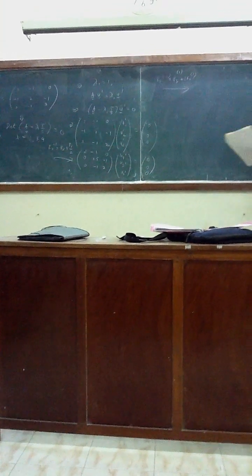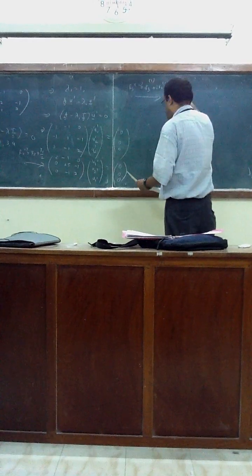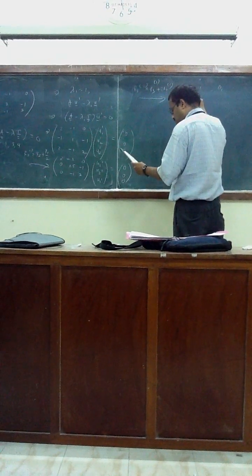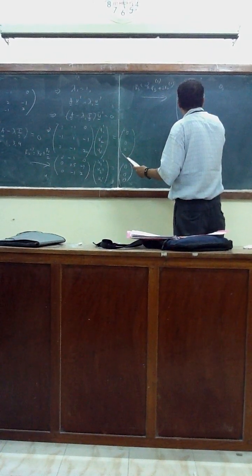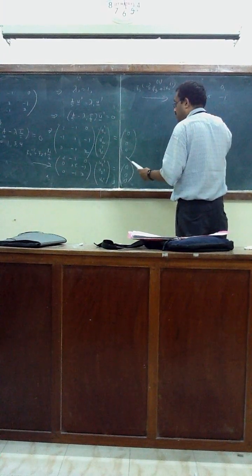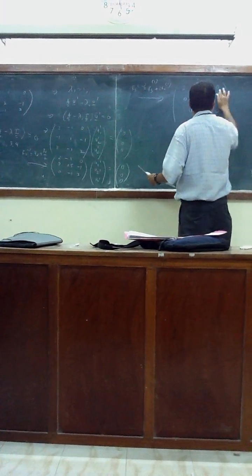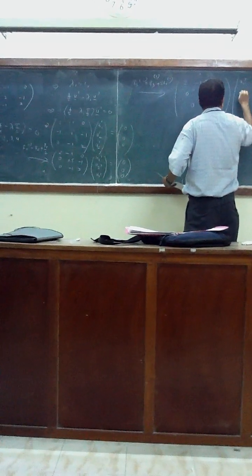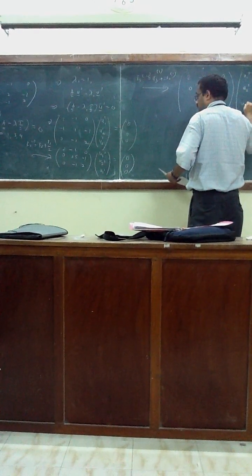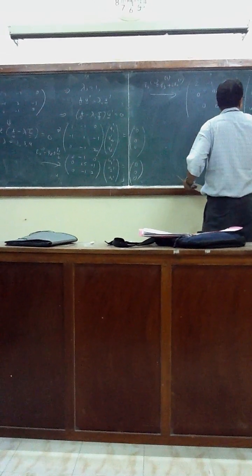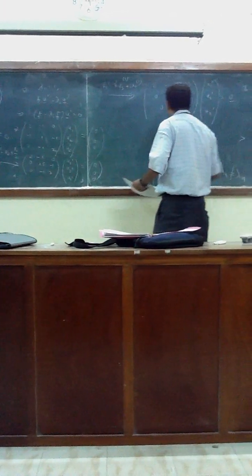Please don't forget that one. Okay. So it is 2, minus 1, 0, then 0, 0.5, minus 1, then 0, 0, 0, which is U11, U21 and U31, which is the 0 vector.